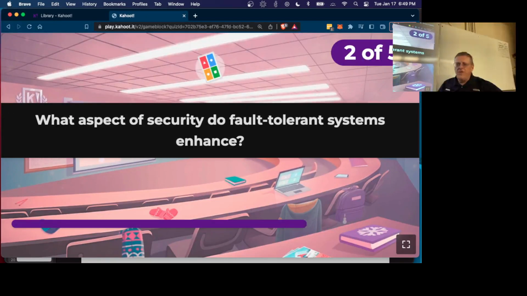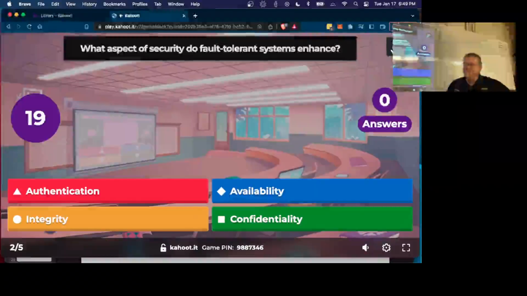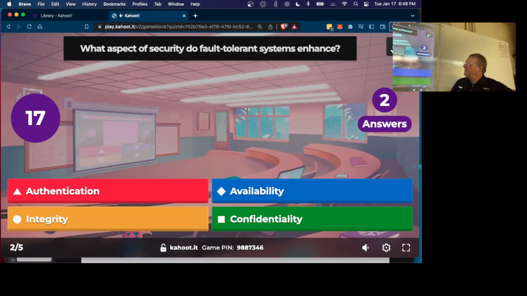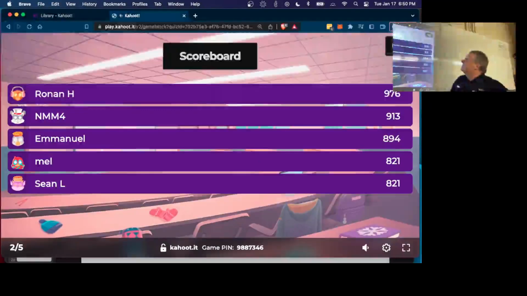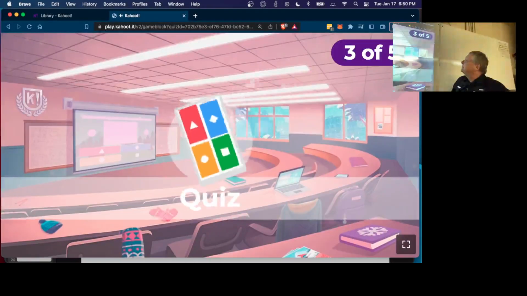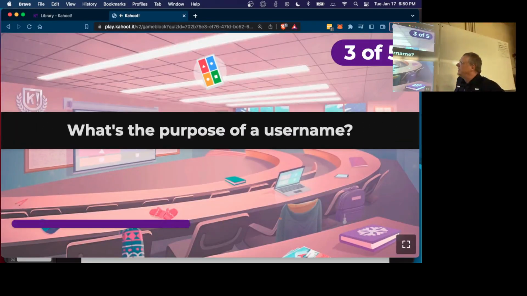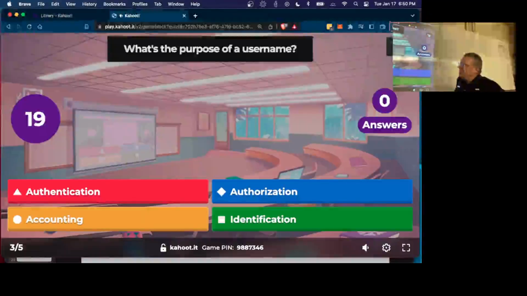So, what does fault tolerant do for you? Yep, that's availability. Good. Popular answer. All right. What does the username do?